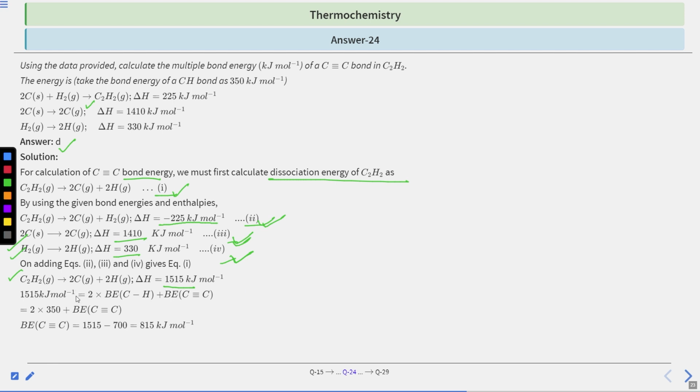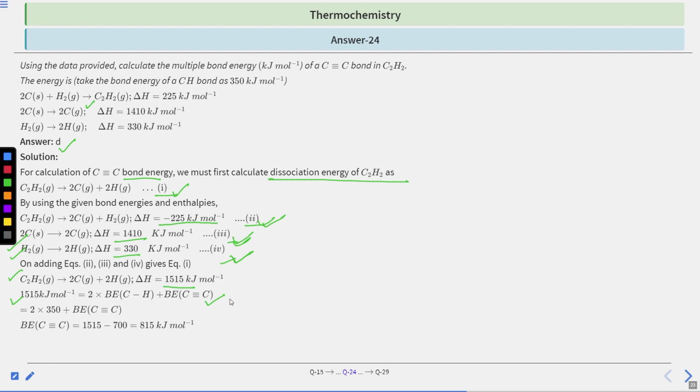And then we can use the relationship between del H and bond energy. So del H of this reaction will be equal to the bond energy of reactants, which is two bonds of CH, so 2 multiplied by bond energy of CH, plus bond energy of C triple bond C, because only one C triple bond C is present.